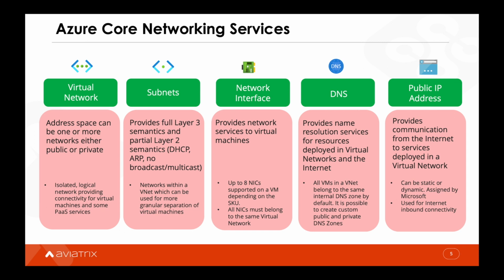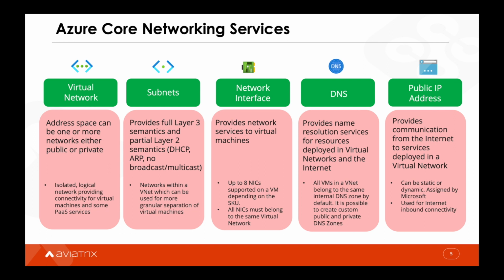The difference between a static and dynamic public IP address is that with a static public IP address, once the IP address is allocated from Microsoft, it won't change value. With a dynamic IP address, if you stop or deallocate the virtual machine that has that IP address associated, the next time you start it, that IP address will change.